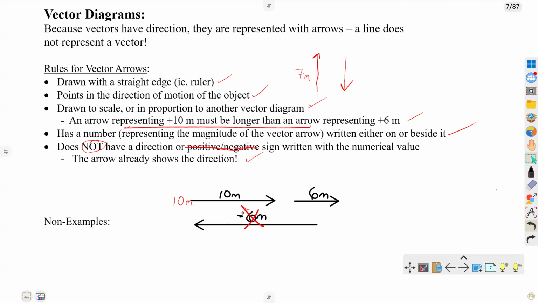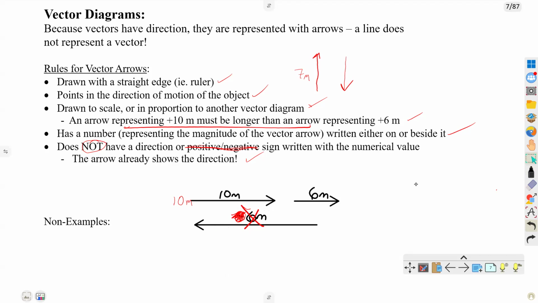Okay, well, first of all, negative sign. Yes, it's going in the opposite direction of these two arrows. Absolutely. However, because we can see by the way that the arrows are pointing, this is irrelevant. Absolutely irrelevant. We don't need to say that this is a negative 6 meters.